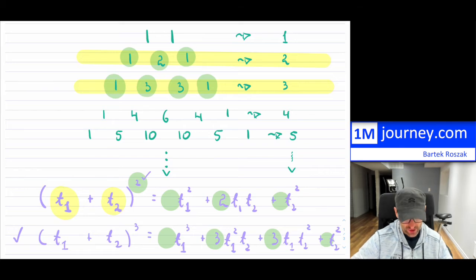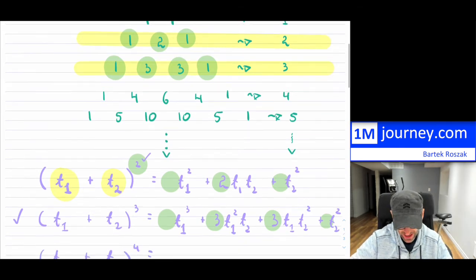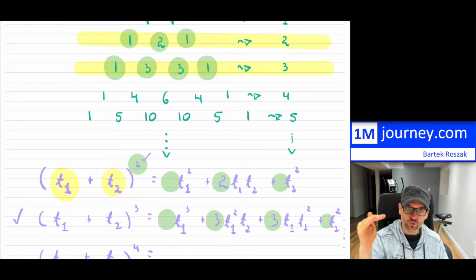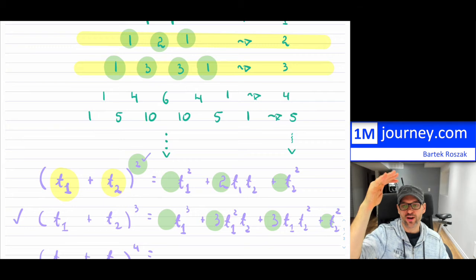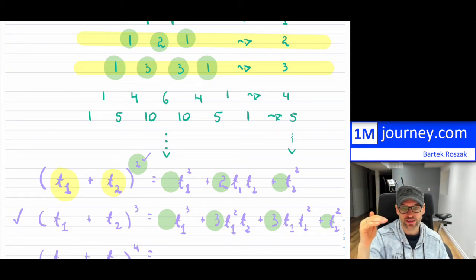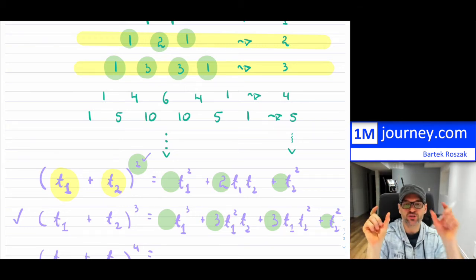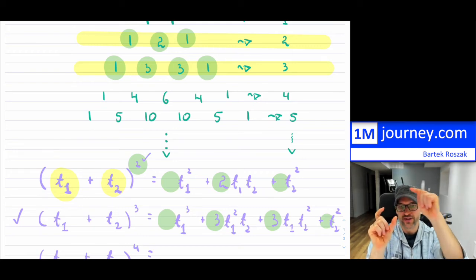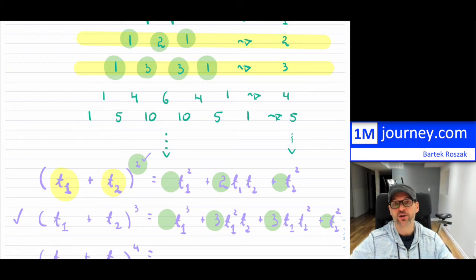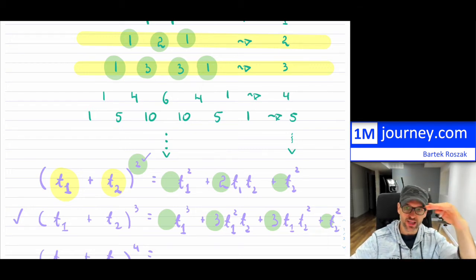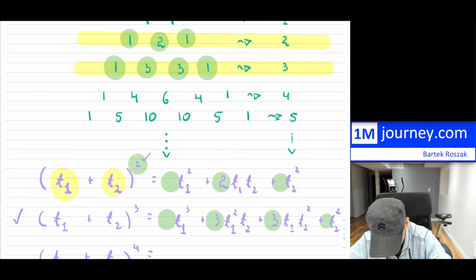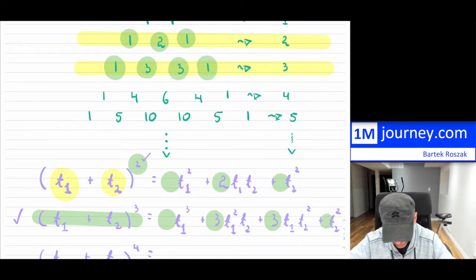Now, the only thing that you have to remember in the expansion is that whatever you want to expand it by, so if it's squared, cubed, or even to the 4th, each term that you will have is going to have an exponent. So for instance, if I go back to that third level, so basically the binomial expansion which is cubed, notice what happens with the exponents.